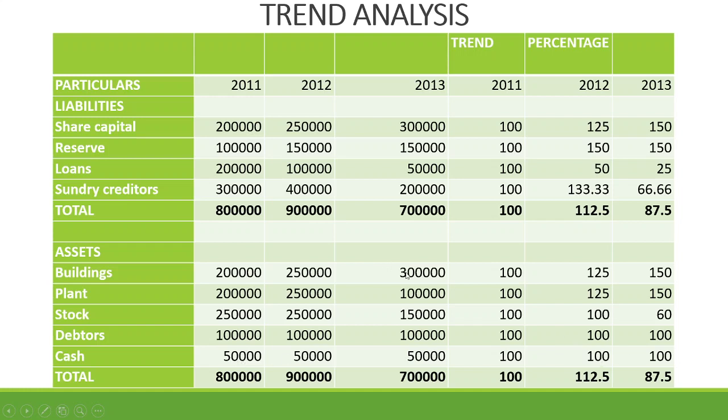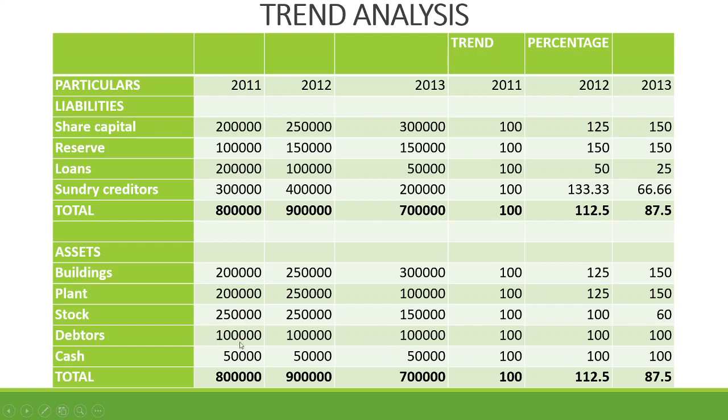Next is 2013, the buildings value is 3 lakh rupees. 3 lakh rupees divided by the base year, 2 lakh into 100, 150. Then plant, 1 lakh divided by the base year value, 2 lakh into 100, 150. Again stock, 1,50,000 divided by the stock in the base year, 2,50,000 into 100, 60.